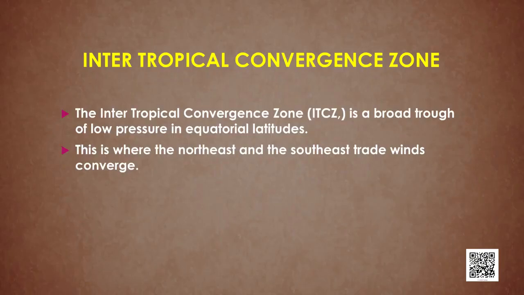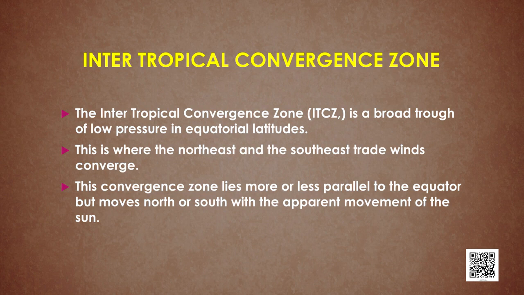This is where the northeast and the southeast trade winds converge. India is in the tropical trade wind zone, you understand? So, this ITCZ moves during summers and winters. Hence, it lies parallel to the equator but keeps on moving to the north or the south with the apparent movement of the sun, hence deflecting and converging the wind movements.